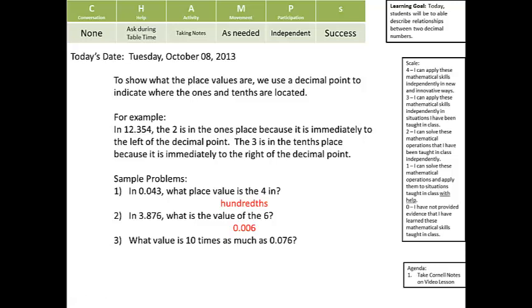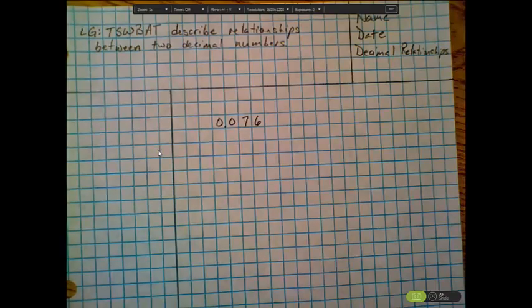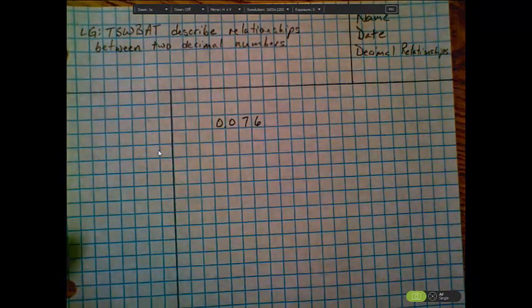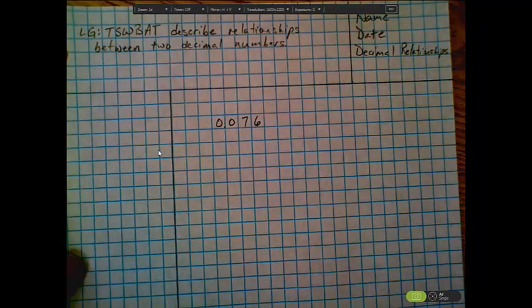The next question is, what value is 10 times as much as 76 thousandths? So we're going to look at the value of 76 thousandths, and this is the trick. If we want to know 10 times something, then the simple thing that we're going to do is move the decimal place one place to the right.